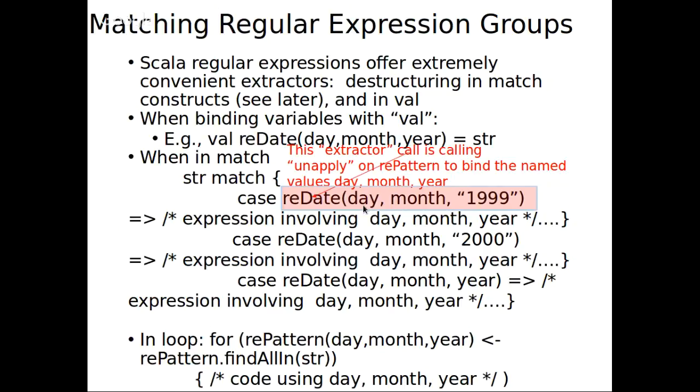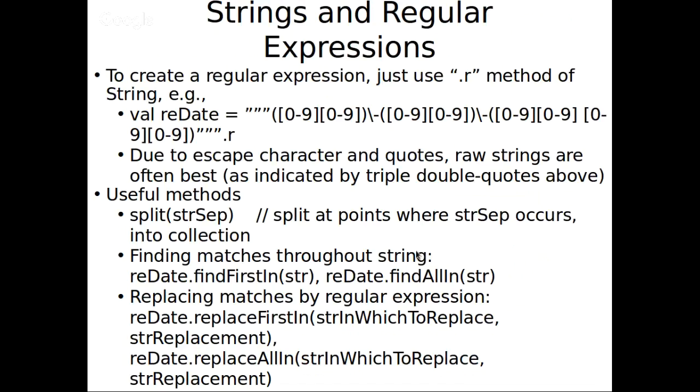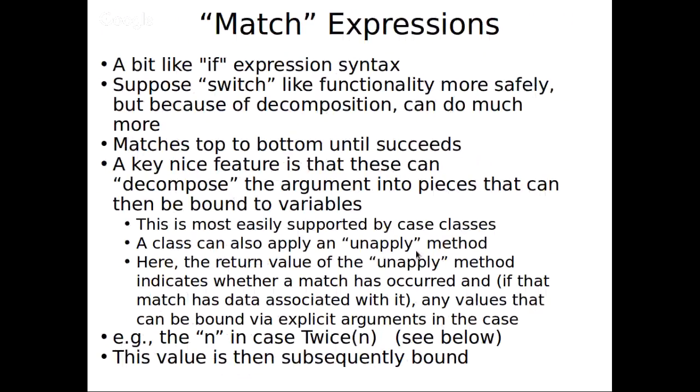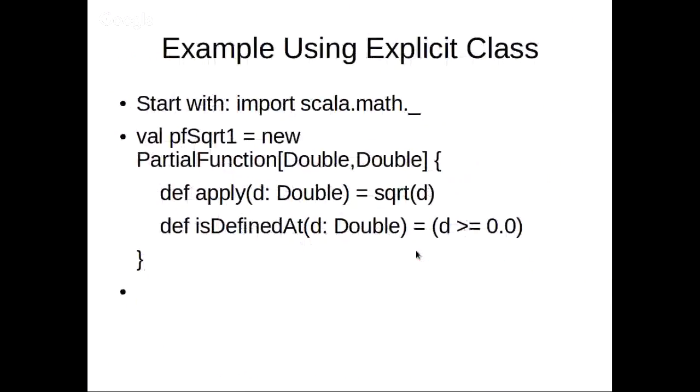I don't have time to go into that a lot, but it's via unapply. And you'll notice it can do it for various special cases. Like here, it's saying, okay, if we have something whose year is 1999, then we extract the day and month for that, and we'll handle that case differently than one involved in the year 2000. So we can actually do quite sophisticated things. So those are where you've seen case constructs before.